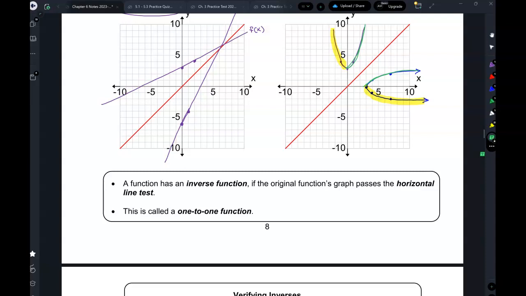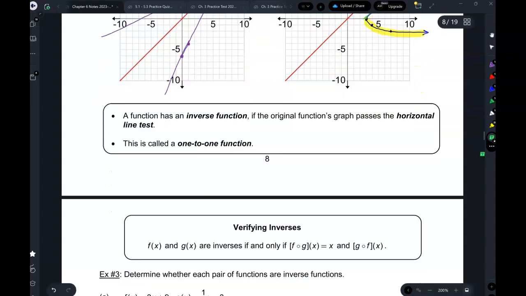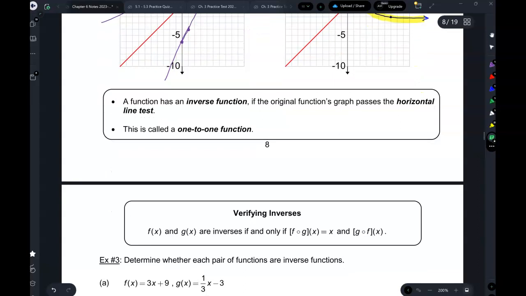In the second example that we did, the parabola, the original is a function, the inverse is not a function. So the wording is f of x does not have an inverse function. It's got an inverse, but it doesn't have an inverse function because that inverse isn't a function. That's the code word, right? It's like math slang.